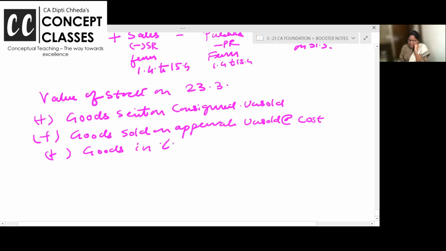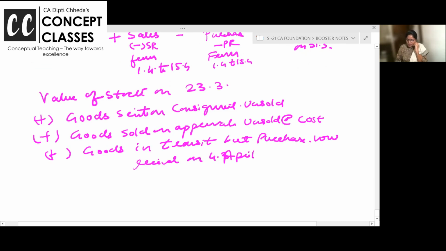Goods in transit, अगर कुछ goods transit में पड़े हैं, but purchased. Purchase का बिल तो बन गया है, लेकिन ट्रांजिट में है, 4th April को आ रहे हैं. But purchase now received on 4th of April. I'm saying also, goods are in transit. Purchase now.